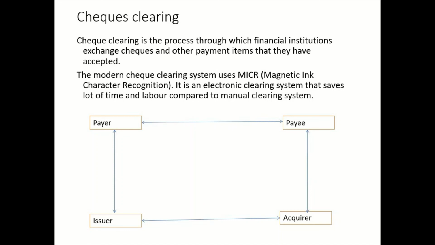It is an electronic clearing system that saves a lot of time and labor compared to the manual check clearing system, because MICR devices operate at the speed of reading 2400 characters per second, but these devices are restricted to a typical font.